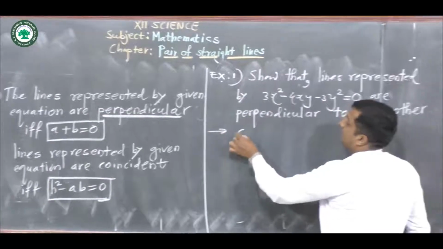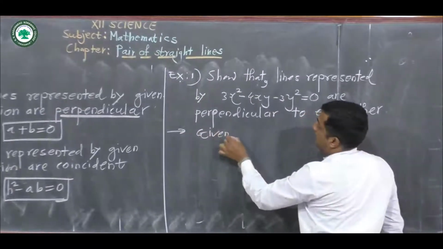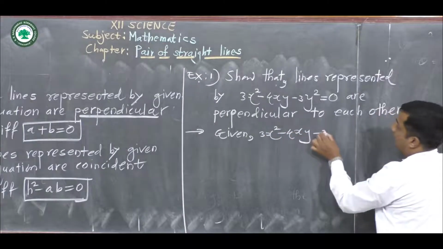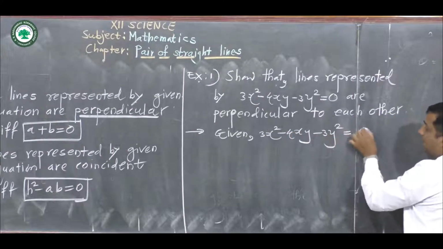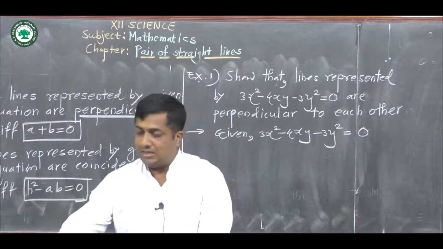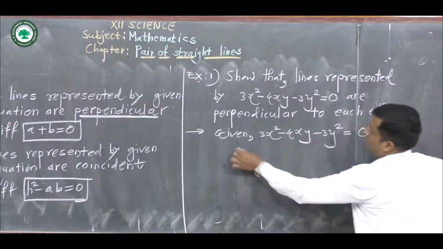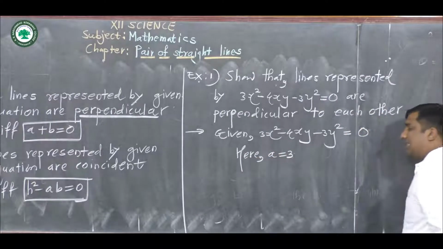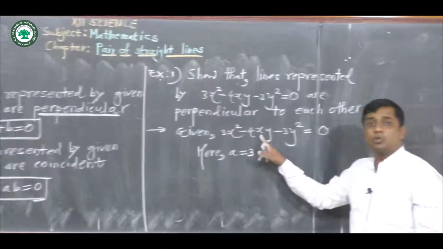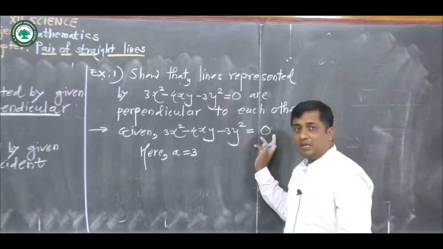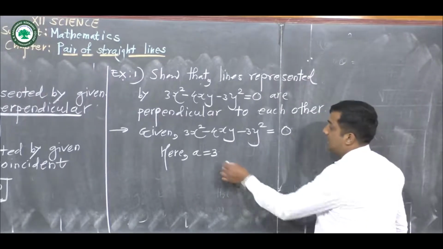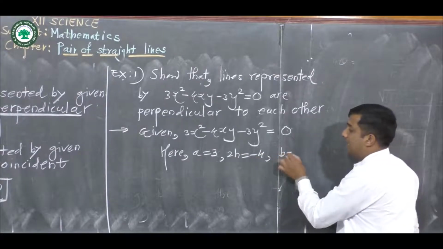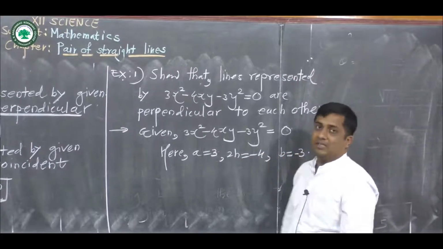Let us consider the given example. Given 3x square minus 4xy minus 3y square is equal to 0. Here we know a is equal to 3, since this is in the form of ax square plus 2hxy plus by square is equal to 0. Here a is 3, then twice h is minus 4, then b is equal to minus 3.